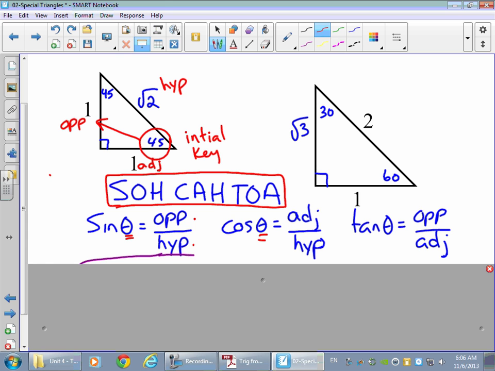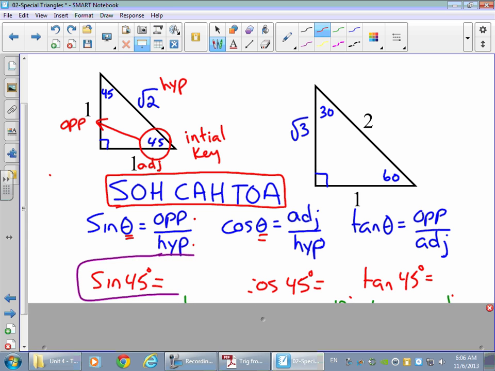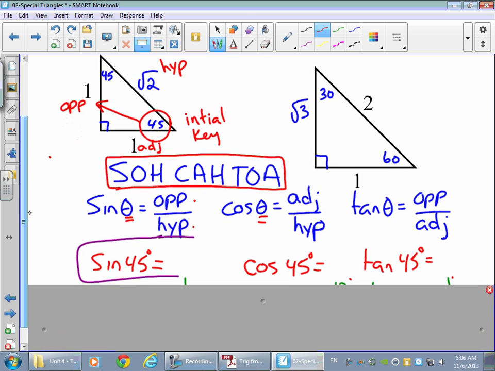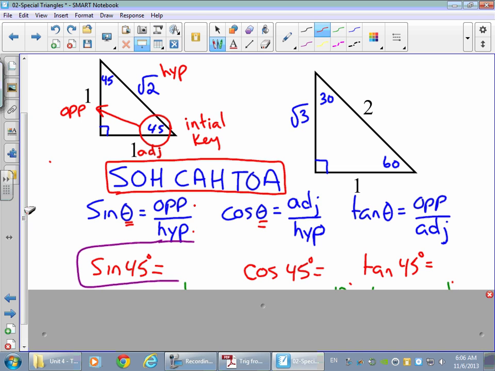So if I'm looking to establish my ratios now, I can say that sine is opposite over hypotenuse, which in this case is the 1 over the root 2.